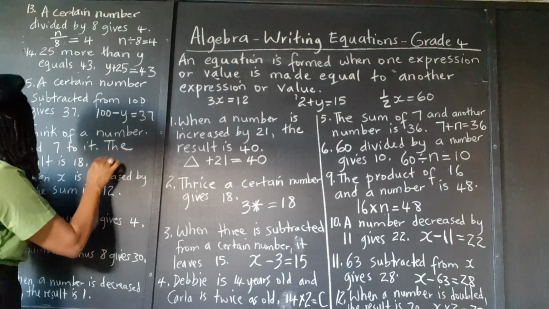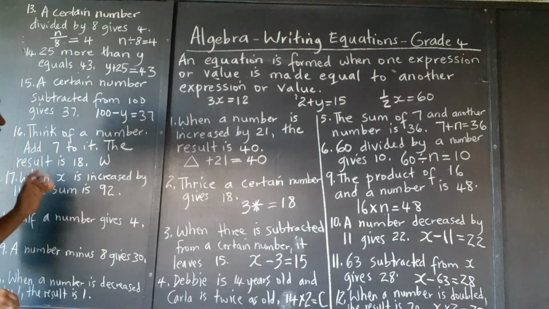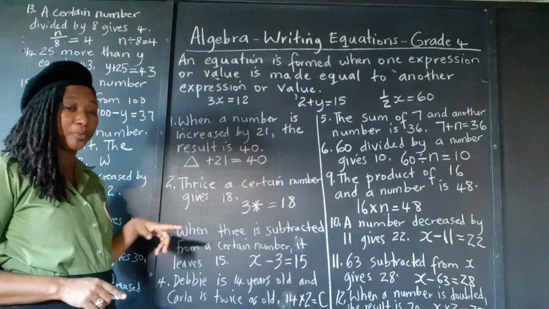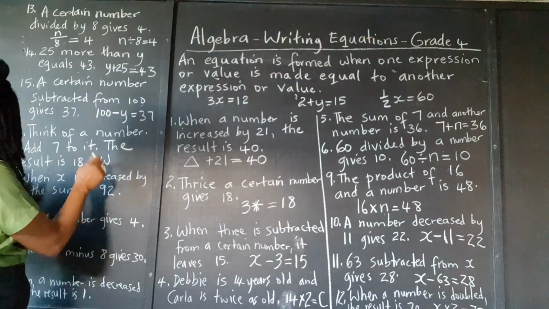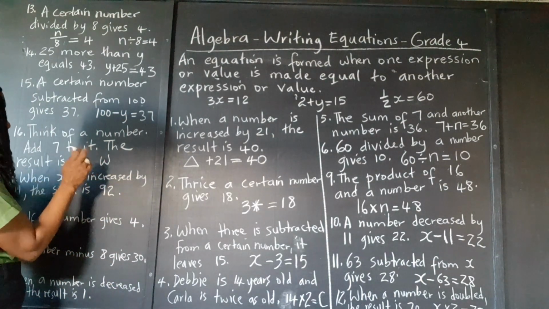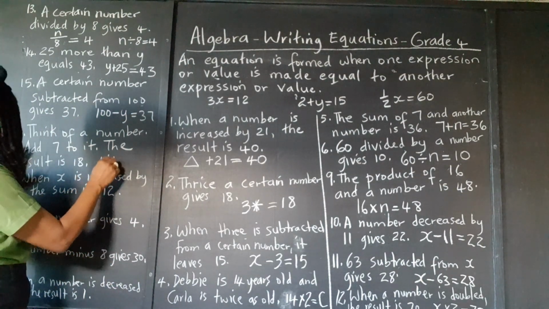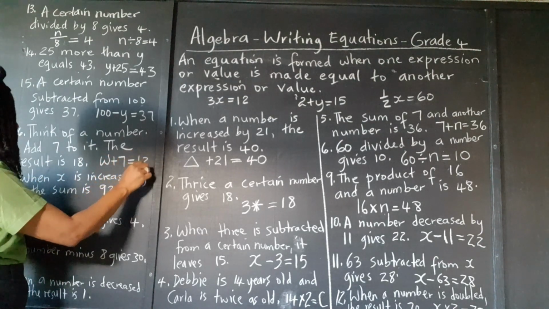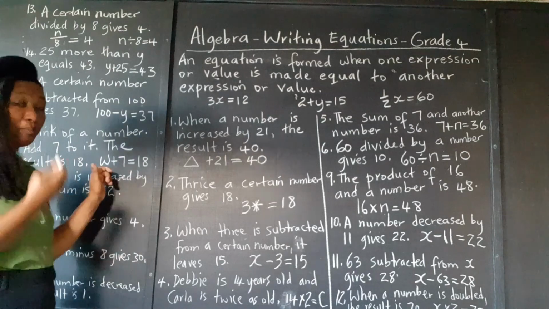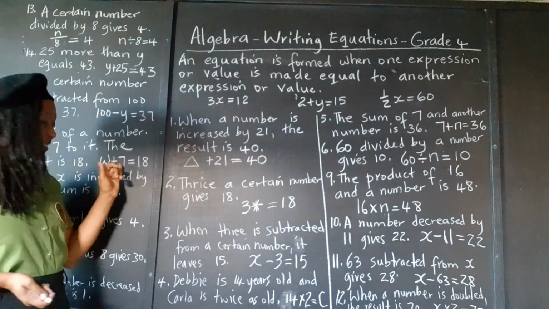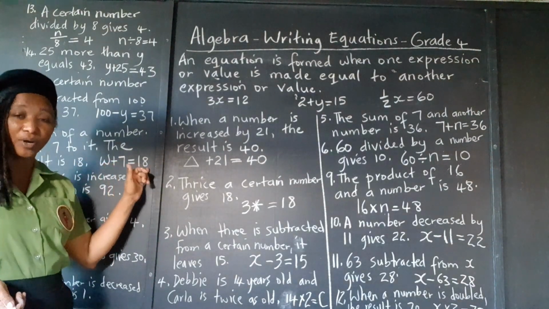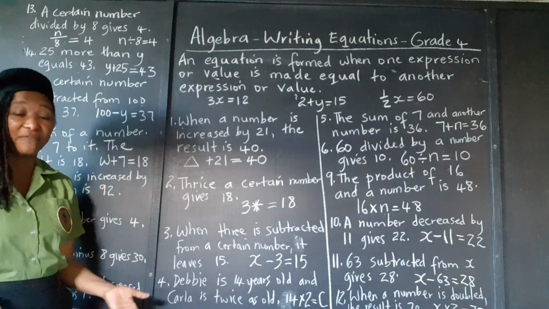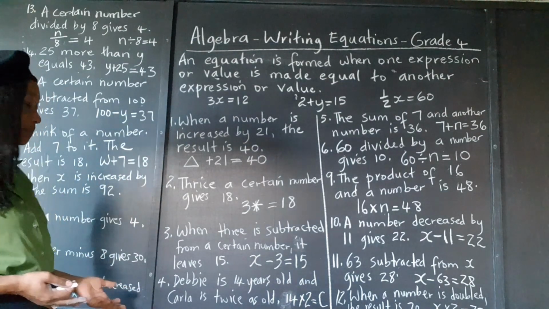I'm going to use W as my variable to represent that number. I'm thinking of the number using W, and I'm adding 7 to it, and the result is 18. So this number, when I add 7 to it, I'm going to get 18. How do I find out what that number is?